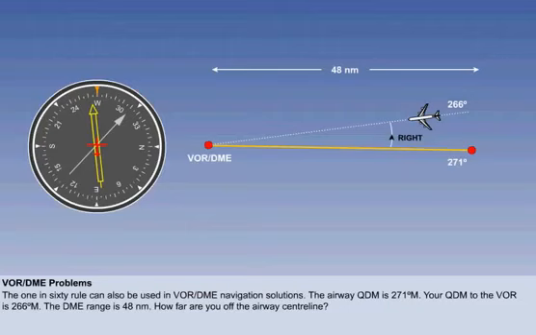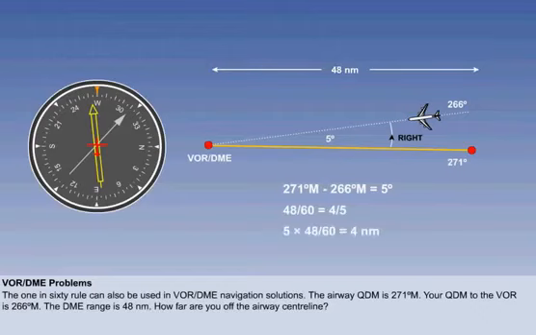266 is 5 degrees difference from 271. So if we were at 60 miles, we would be 5 miles right. But we are at 48 miles. 48 is 4/5 of 60. With only 4/5 the distance to go, we are only 4/5 the distance off.